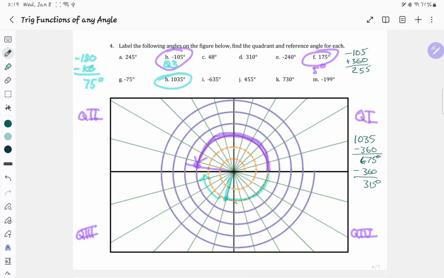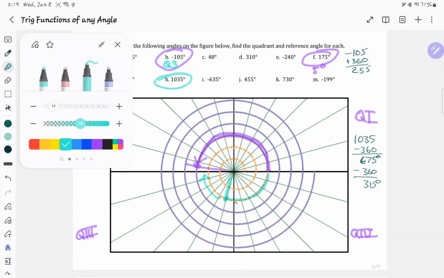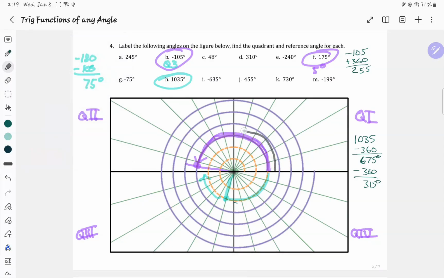So this is basically going from, let's put in one more color here. Let's go and do black. So we're going all the way around once for 360, again for another 360, and then again for 315.